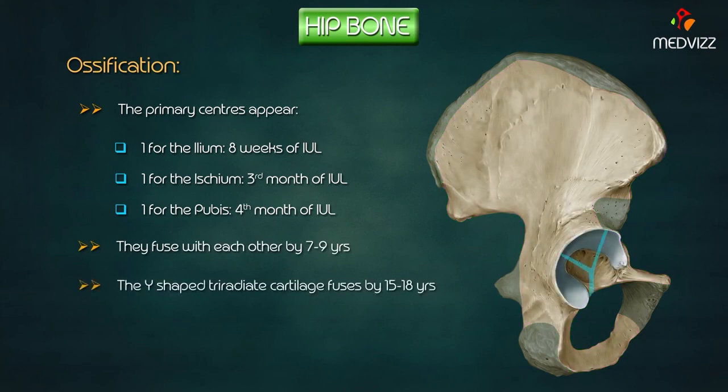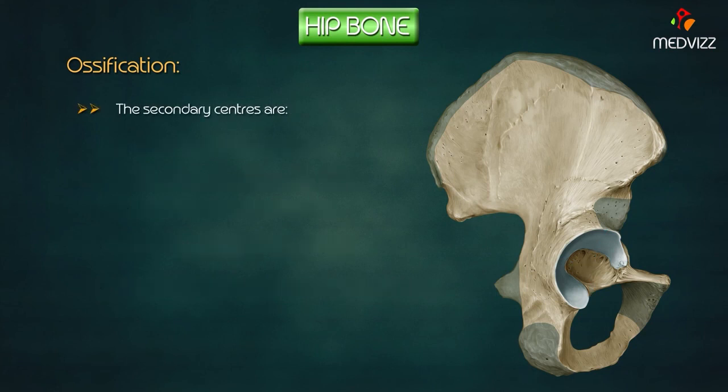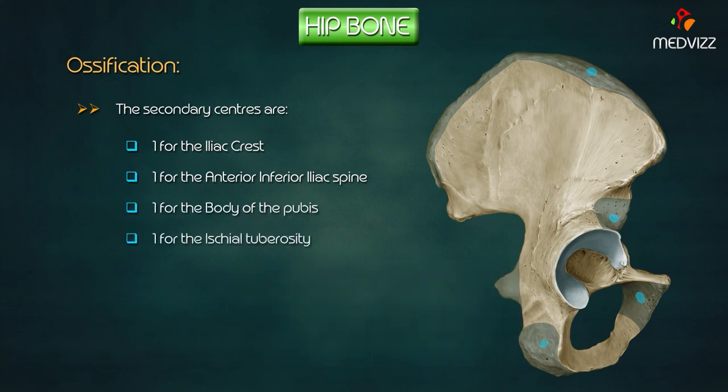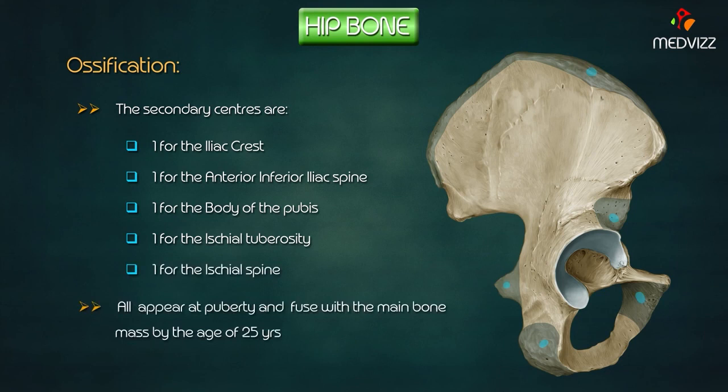The Y-shaped triradiate cartilage fuses by 15 to 18 years. The secondary centers are 1 for the iliac crest, 1 for anterior inferior iliac spine, 1 for the body of the pubis, 1 for the ischial tuberosity, and 1 for the ischial spine. All of them appear at puberty. They fuse with the main bone mass by the age of 25 years.